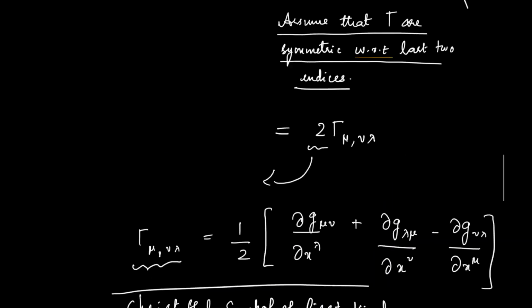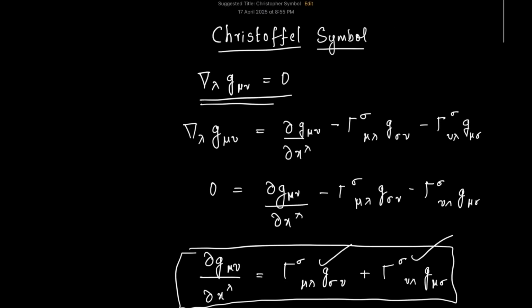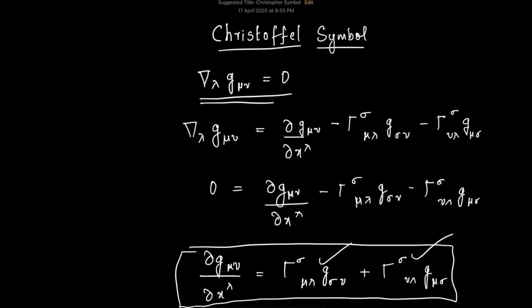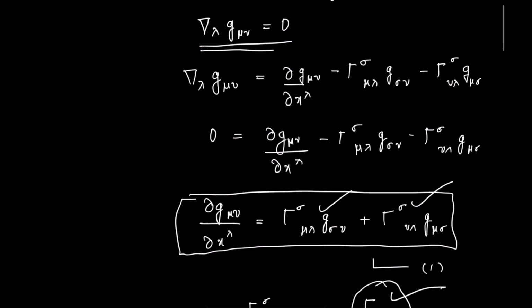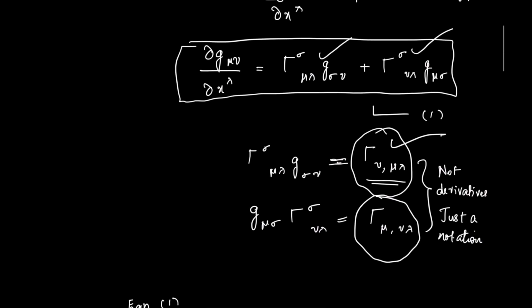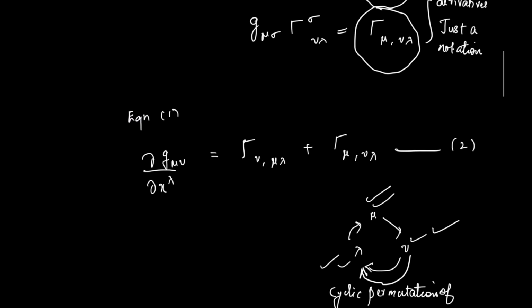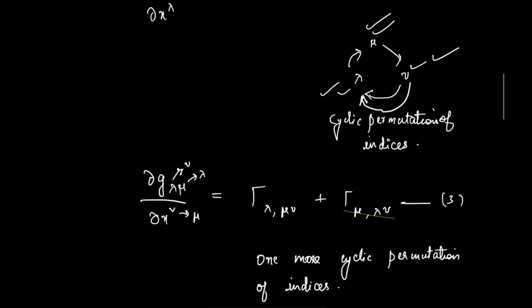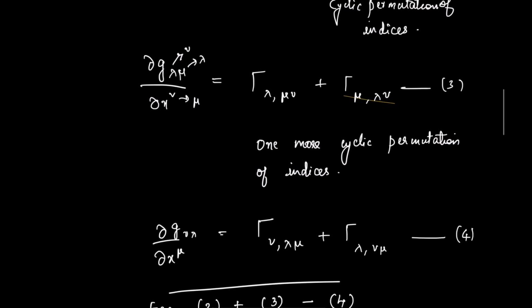So first we started with the covariant derivative of fundamental metric tensor is 0, that we have already seen and proved in the last class. From there, from the definition of the covariant derivative, substituting 0, we get relation between Christoffel symbol and fundamental metric tensor. Then from there, doing cyclic permutation of indices, you will get 2 different equations.